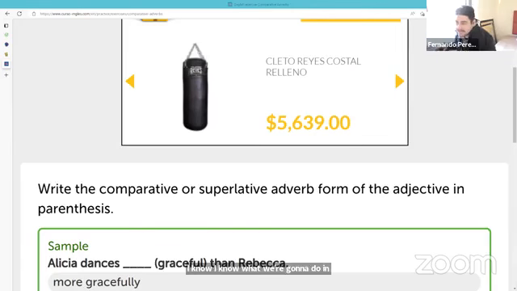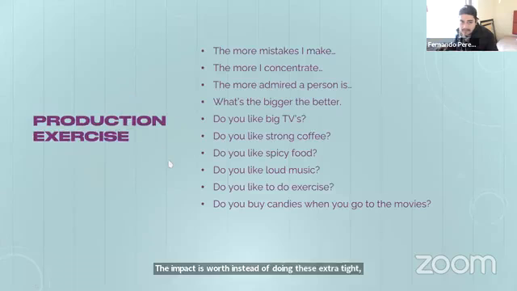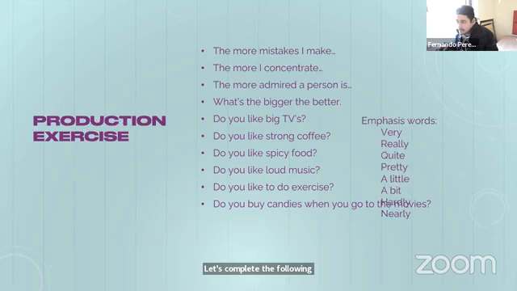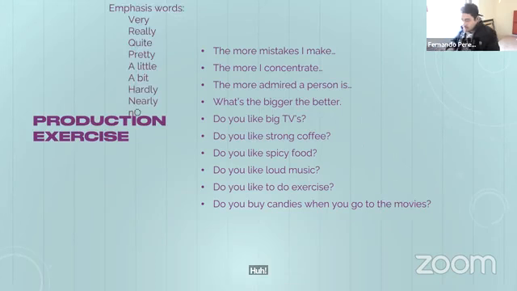I know what we're going to do. In the last 20 minutes, let's take the emphasis words. Instead of doing this exercise, let's complete the following. Not so. Not quite.